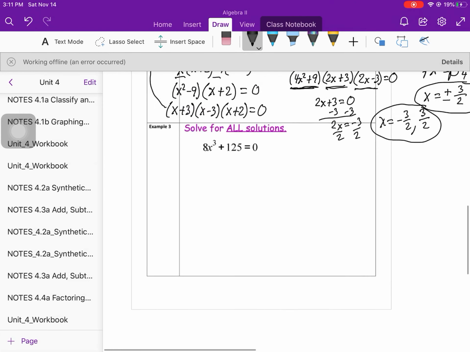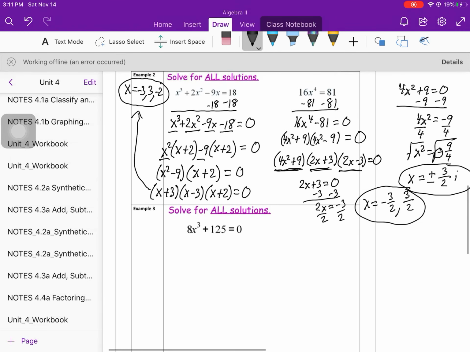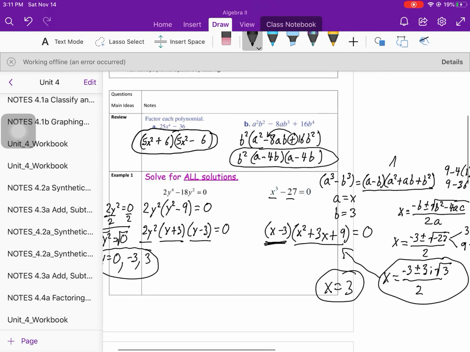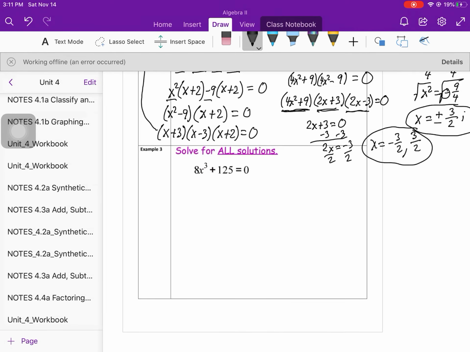Okay? So you only have the one problem to do here, this 8x cubed plus 125 equals 0. If you recognize that, it's going to be one of these special patterns, like what we had up here. I'm going to write out the pattern here just to save you some time. So this is going to be a cubed plus b cubed, which equals a plus b, a squared minus ab plus b squared.